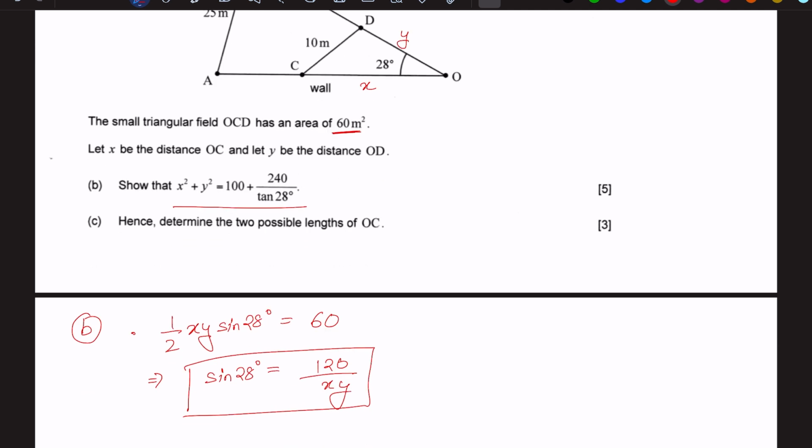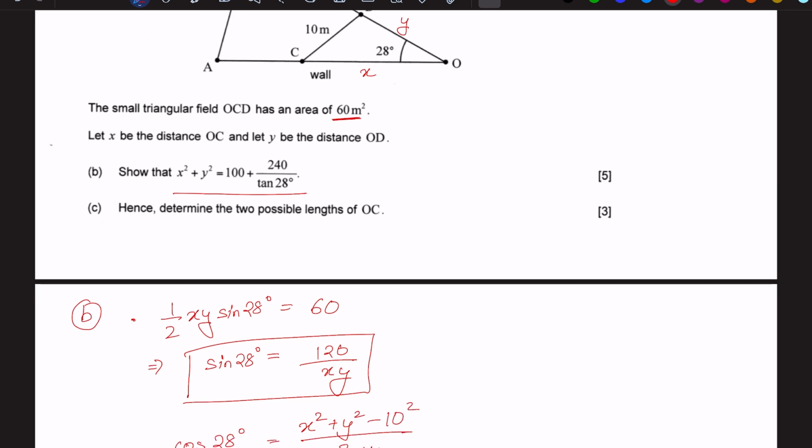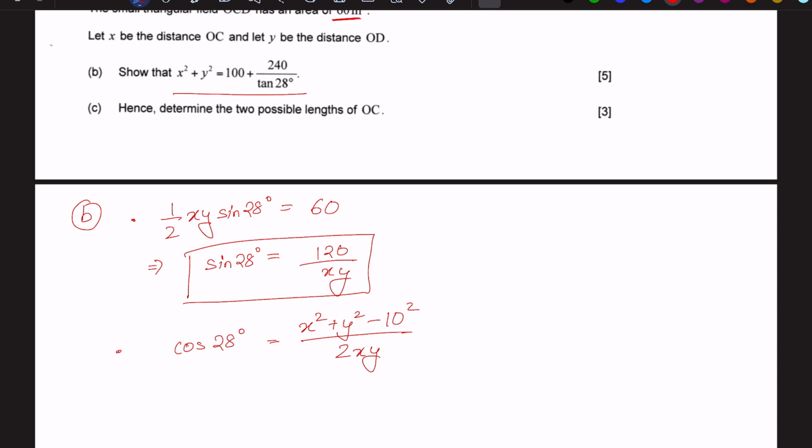Second, I can use the cosine formula. So cos 28 would be x squared plus y squared minus 10 squared divided by twice xy. So this is the value of cos 28.